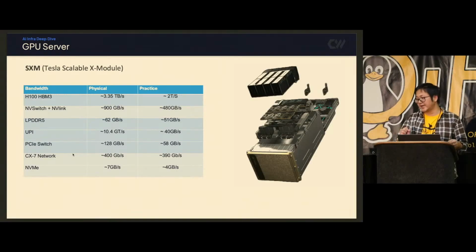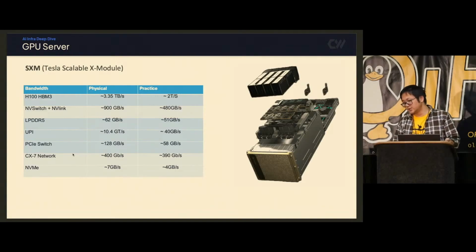Even if they connect GPU to GPU, it's still 408 megabytes. This would be almost 10 times. The GPU system is 10 times faster than the traditional CPU performance. So that's why they want the AI infrastructure.